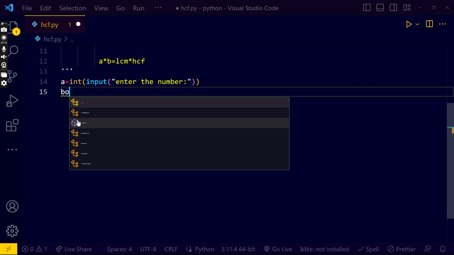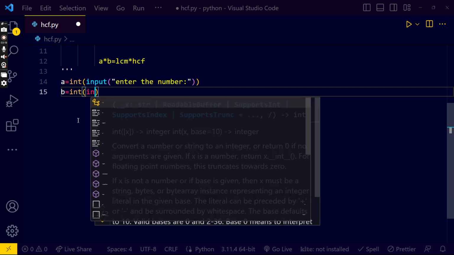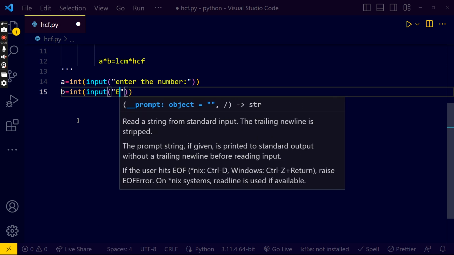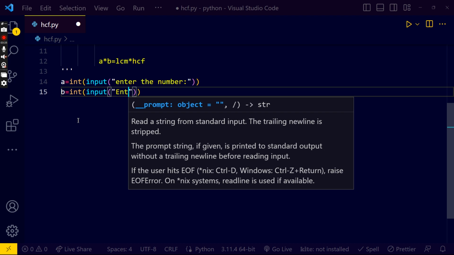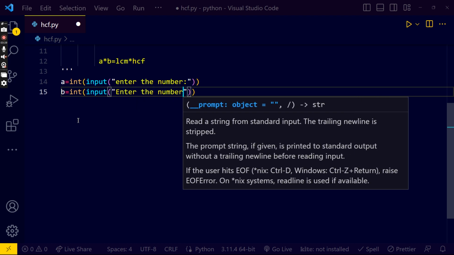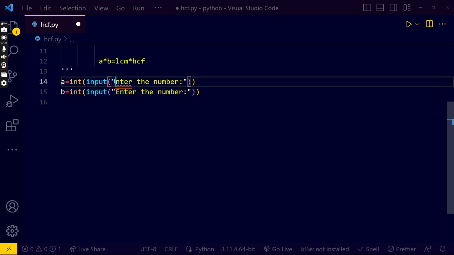Next, B equals input, enter the number. Now here I am finding the LCM.